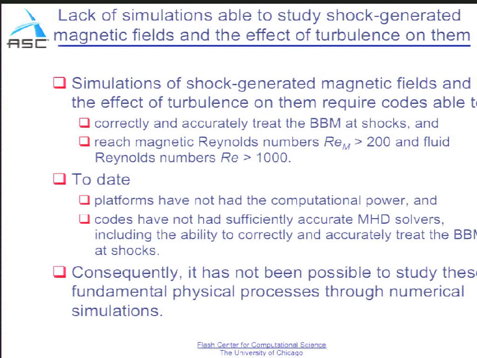But in addition, in order to reach fluid Reynolds numbers in the thousands and magnetic Reynolds numbers in the many hundreds to thousands requires very, very high spatial resolution. The reason is because you need to not have numerical dissipation dominating what's happening.